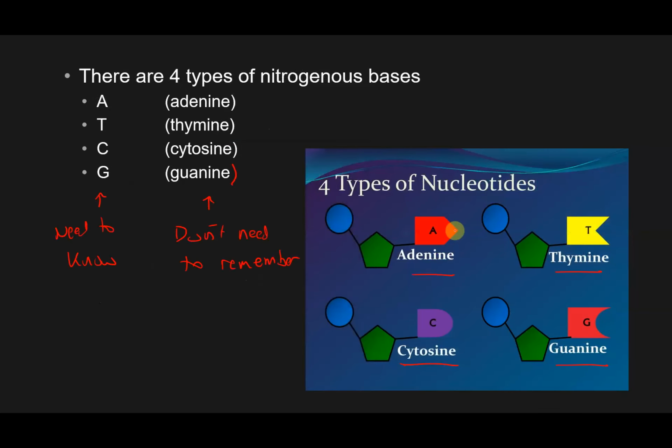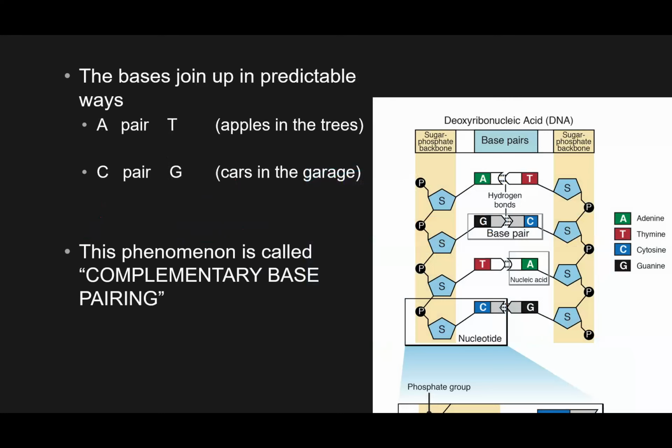So this is a triangle pointing inwards, and this allows for a triangle to point inwards. Cytosine has this shape, this rounded shape on the outside, and guanine allows for a rounded shaped molecule to fit in it. That's not exactly what the molecules look like, but it's a nice way of understanding how these fit together. And so these bases are always going to join up in predictable ways.